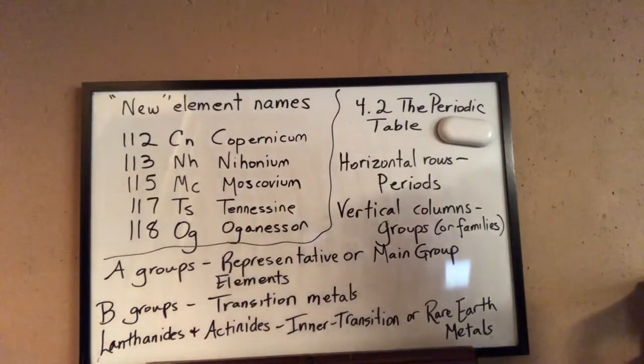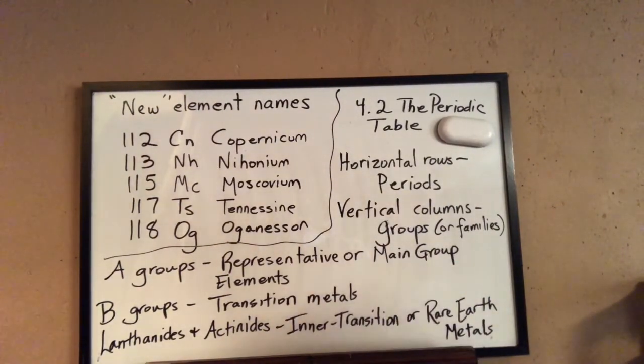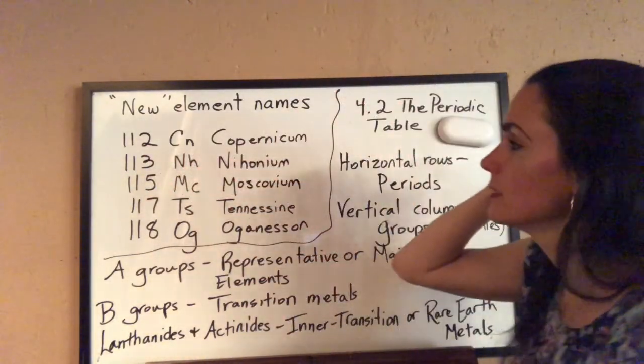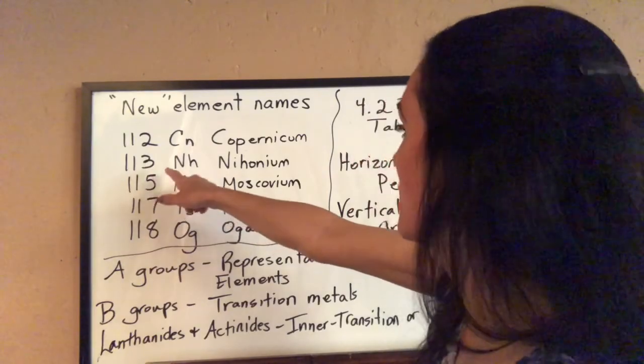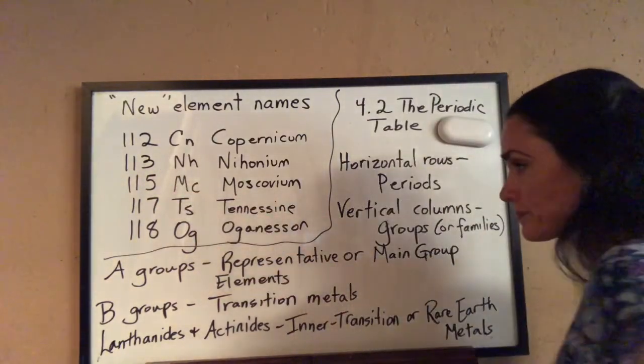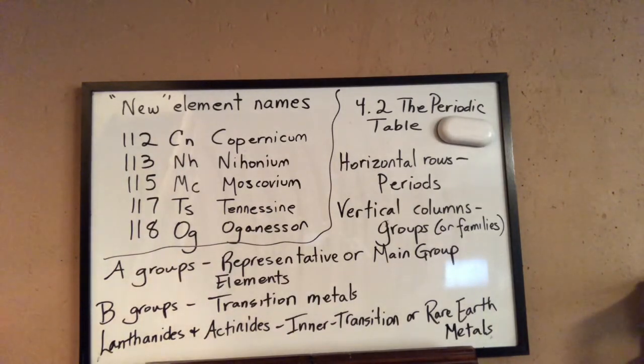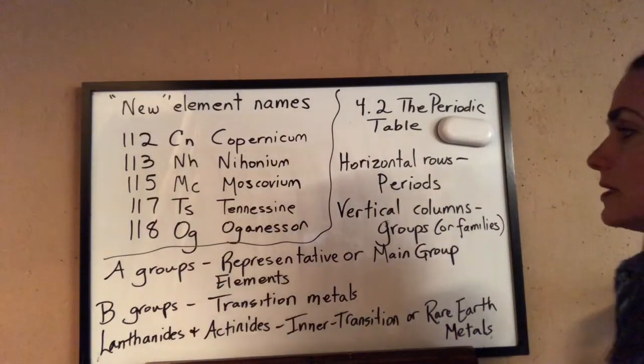The new element names, some of them are listed in the textbook, some are not. Just to be complete, element number 112 is Copernicium, symbol Cn. Element number 113 is Nihonium, 115 Moscovium, 117 Tennessine, 118 Oganesson.